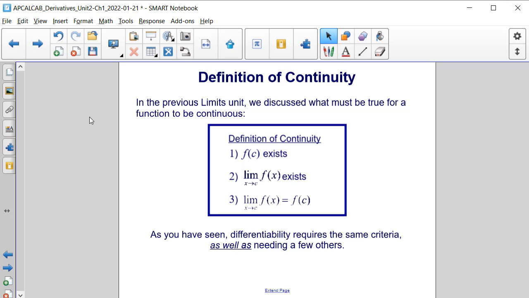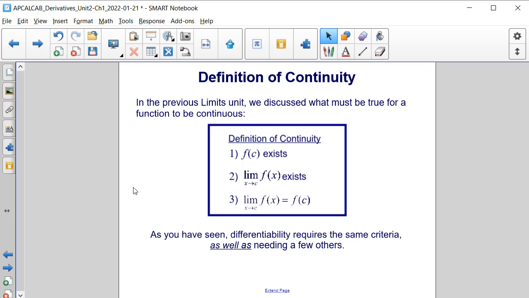In the previous limits unit, we discussed what must be true for a function to be continuous. Remember, the definition of continuity states that, number one, f of c will exist. Number two, the limit of f of x as x approaches c will exist. And number three, the limit of f of x as x approaches c will be equal to the function evaluated at c.